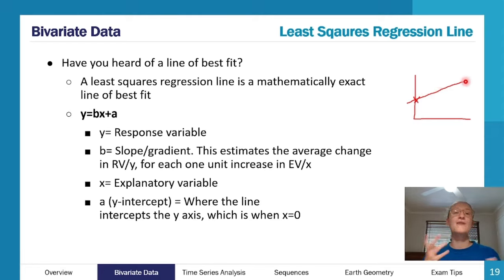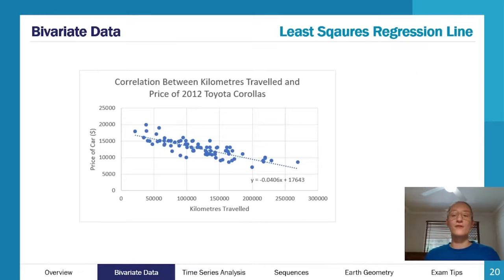So here we're going to have a positive slope or gradient. It's going to slowly increase because for every increase in x, we also see an increase in y. Whereas if I had a negative line, for every increase in x, we're going to have a decrease in y. So it depends what type of trend, pattern, or relationship we're looking at. But that is a quick overview of how to interpret the least squares regression line.